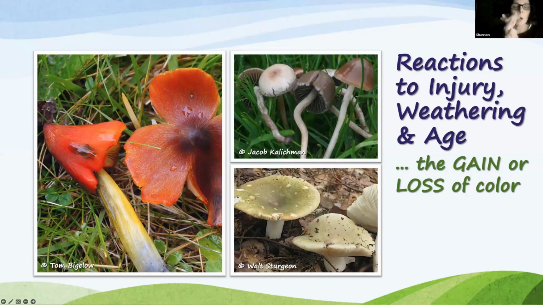So in hygrophanous mushroom caps, generally the fresher mushrooms, the more newly emerged, are darker, often tend to be slightly translucent when wet, and become more and more opaque and paler as they dry out.